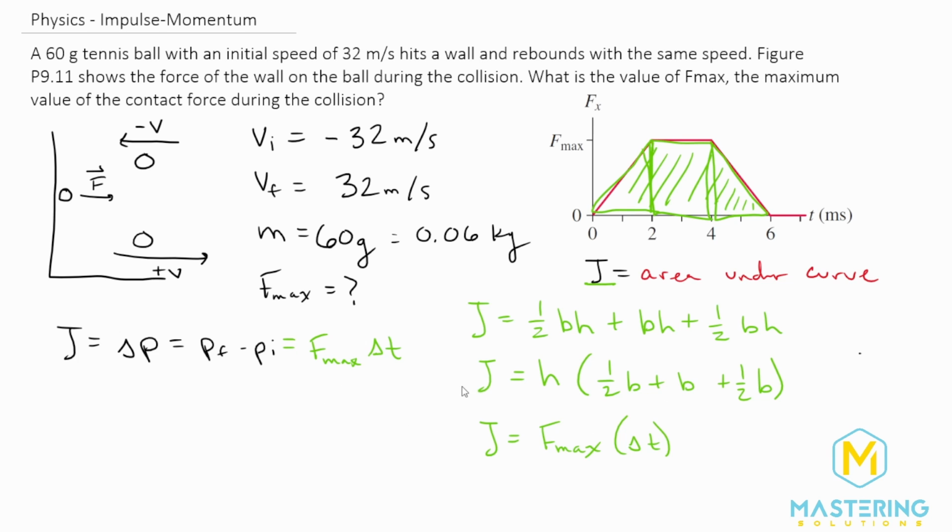So when we plug in our values, we have J is equal to h times 1/2 of, from here to here, we have 2 milliseconds, here to here 2 milliseconds, and here to here 2 milliseconds. So 2 plus 2 plus 1/2 of 2, which gives us h times half of 2 is 1, half of 2 is 1, plus 2, so 4. So we're going to be multiplying h, or Fmax, by 4 milliseconds.